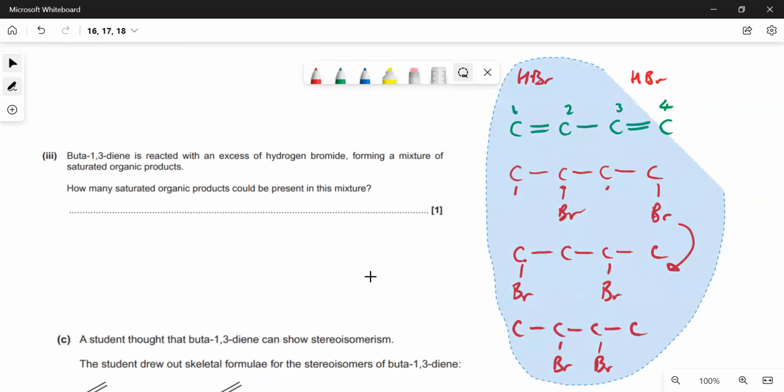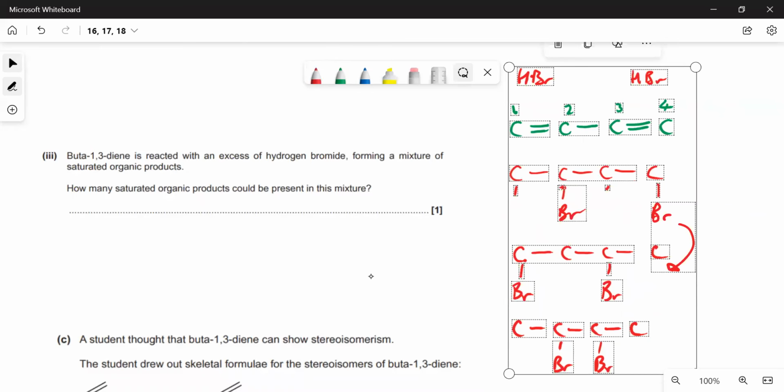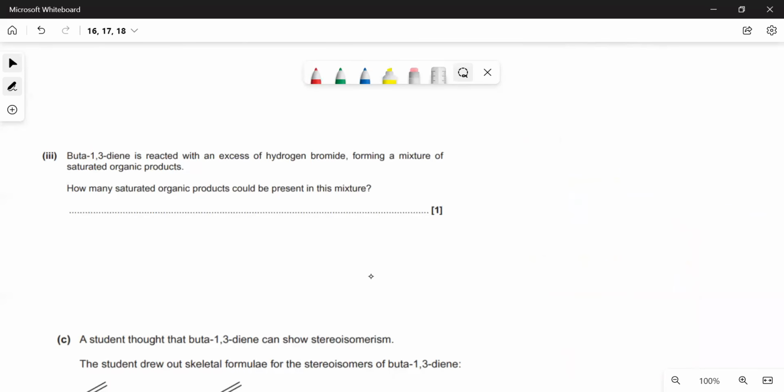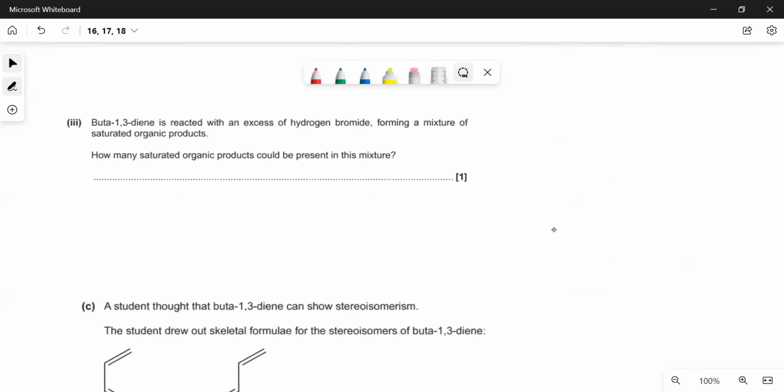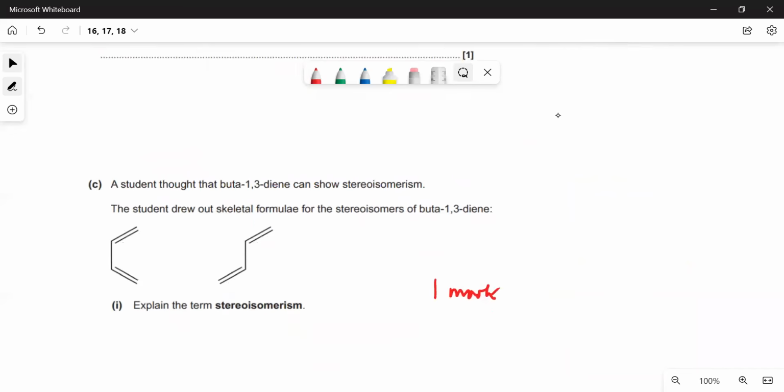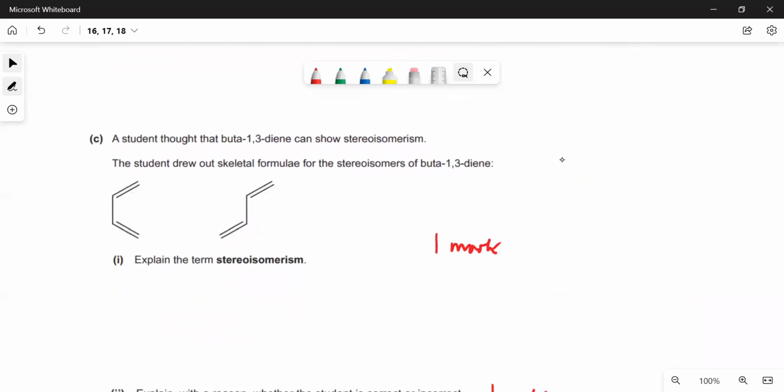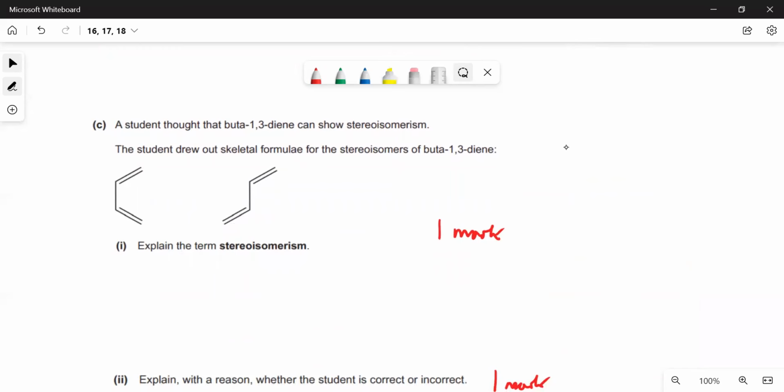Just get rid of that. Okay, right. A student thought that buta-1,3-diene can show stereoisomerism, and they drew out the skeletal formula like that, and actually they're wrong, aren't they? What's the meaning of the term stereoisomerism? You used to learn that. It's just learn the definition.